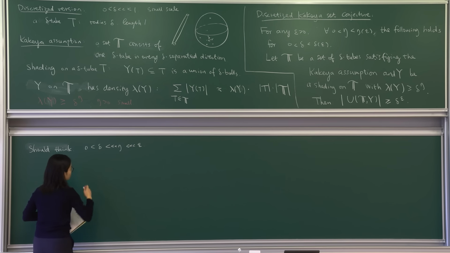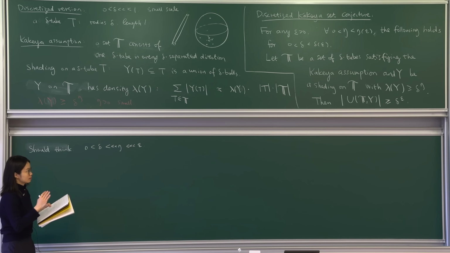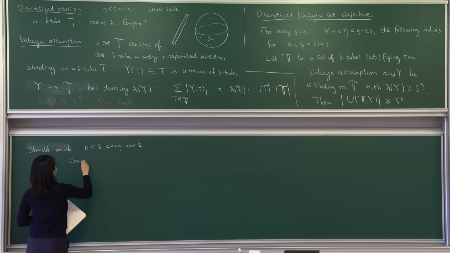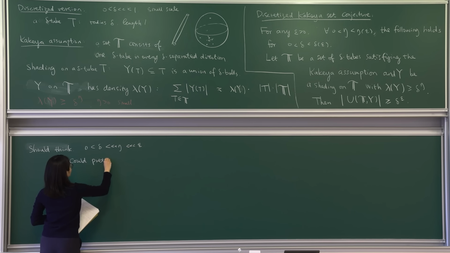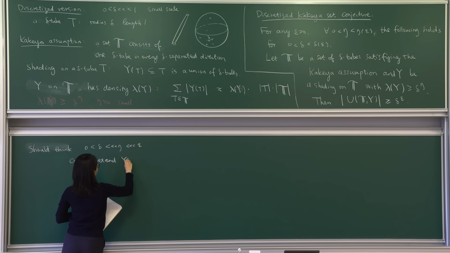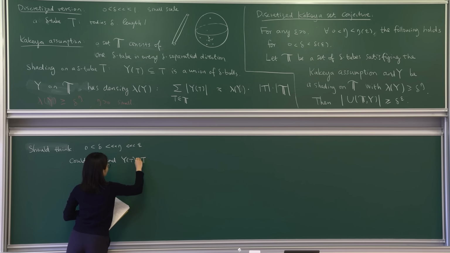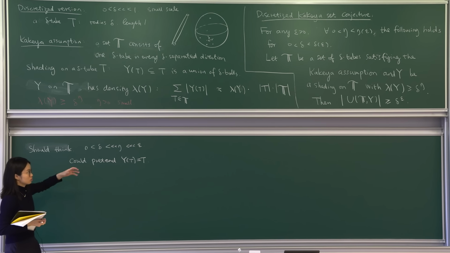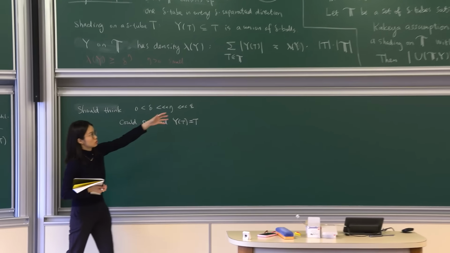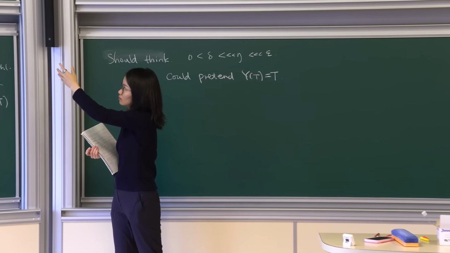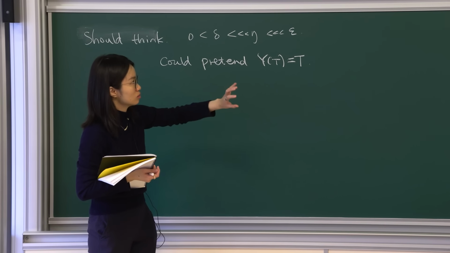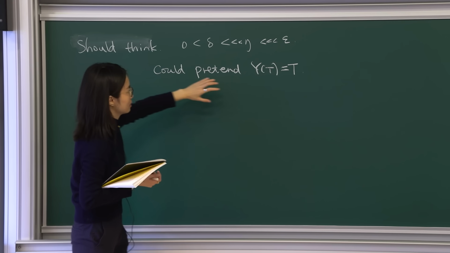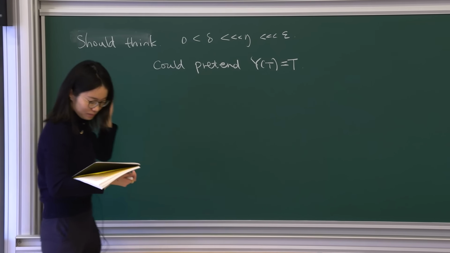If you just want to have a sense of how the argument goes, you could pretend the shading is just the entire tube. A lot of the intuition still holds. It's just that if we want a rigorous argument to prove this conjecture, you need to prove it for sufficiently dense shading rather than the entire thing.